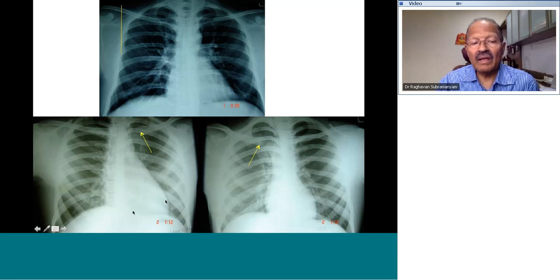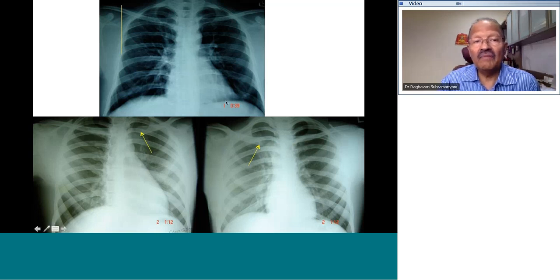It may also give you an idea that the heart size is bigger. On the other hand, if the same person twists slightly towards the right, and therefore has a badly centered X-ray, you will find that the left cardiac border becomes less prominent and the right cardiac border becomes more prominent. Therefore, a badly centered X-ray is a source of great confusion, and that's one of the first things that you look at in a chest X-ray.